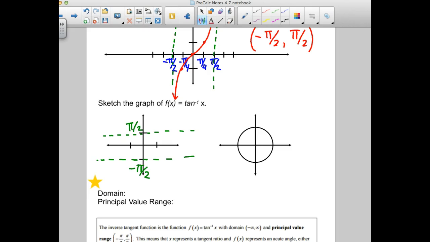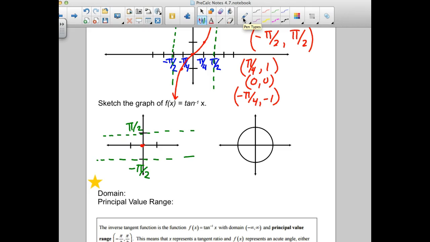Our points, we are doing a sideways twist. The point up there, 0, 0, would still be 0, 0. The point pi over 4, 1. Let's try that again. And our other point, negative pi over 4, negative 1.